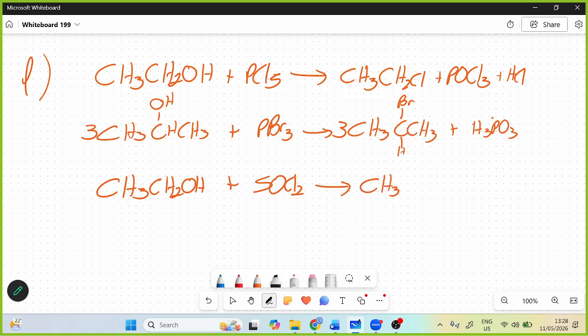This is another halogenation one to add chlorine, and this is very good because you don't have any solids. These are all gases, they can be removed from solution. And the last one is the use of HBr.